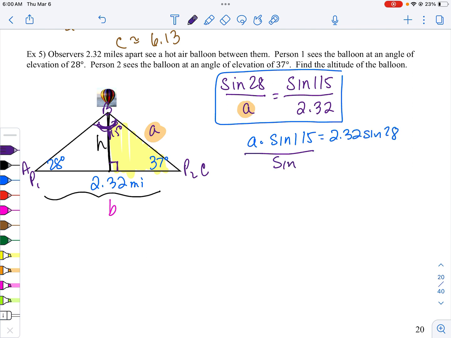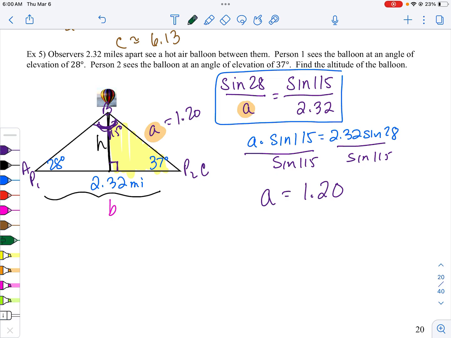Divide both sides by sine of 115. So I get side A is 2.32 sine of 28. I hit enter. I divide by sine of 115. And I have 1.20. All right, so side A is 1.20.